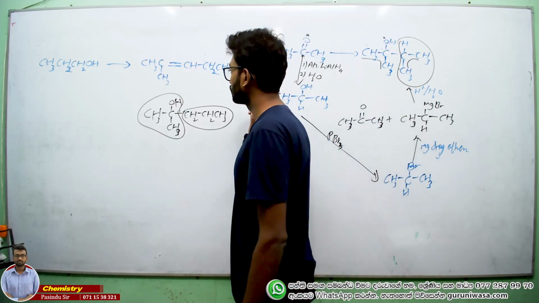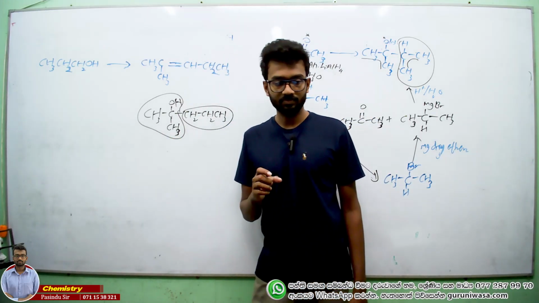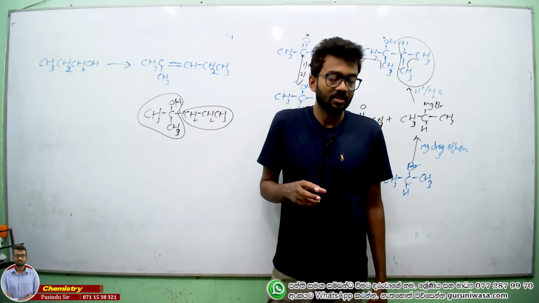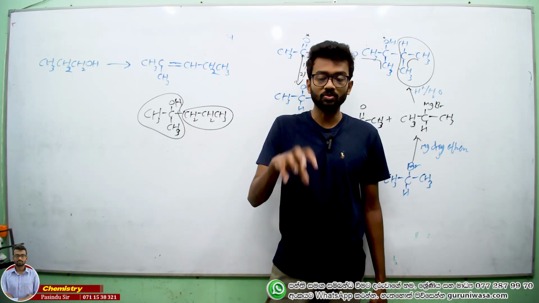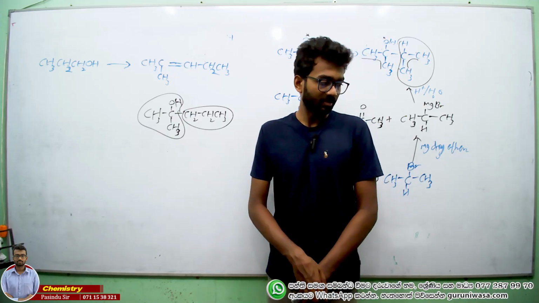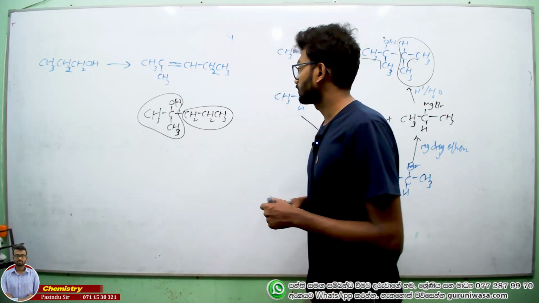That's the rule here. In the exam they will give the reagents, so you have to make a route according to the reagents they supplied. So that's the problem in the exam, right?